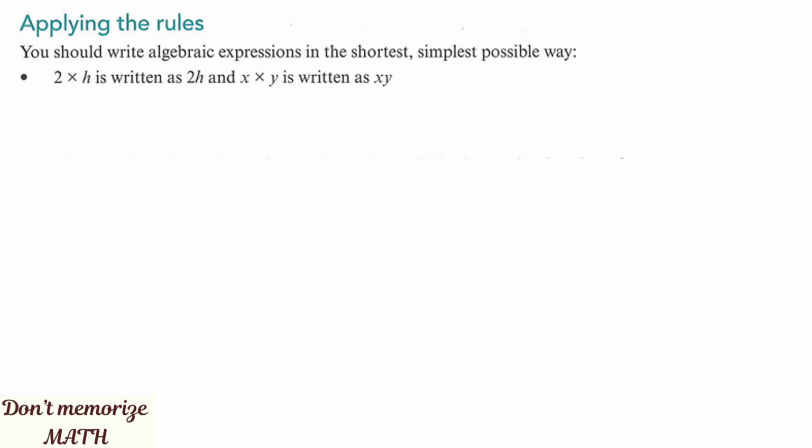You should write an algebraic expression in the shortest, simplest possible way. The first thing you should know is that 2 times x we write as 2x. X times y is the same as xy. So if we have ab, it means a times b.